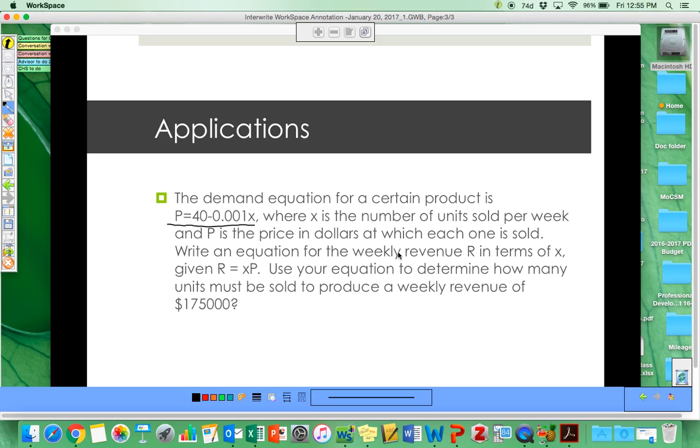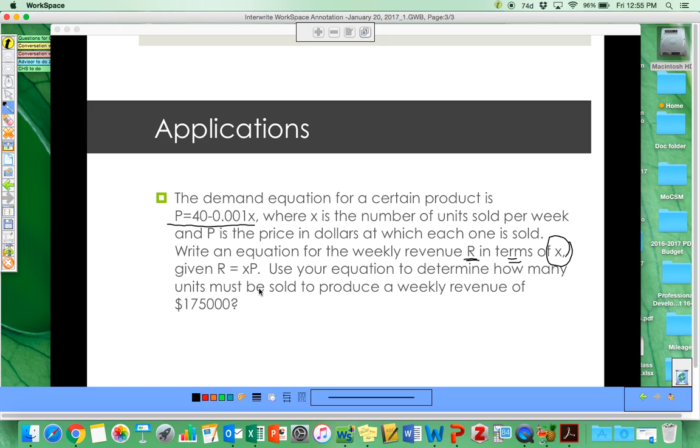Write an equation for the weekly revenue in terms of X. So that just means it's going to be R equals something involving X. Given that the revenue equals X times the P. Use your equation to determine how many units must be sold to produce a weekly revenue of 175,000.